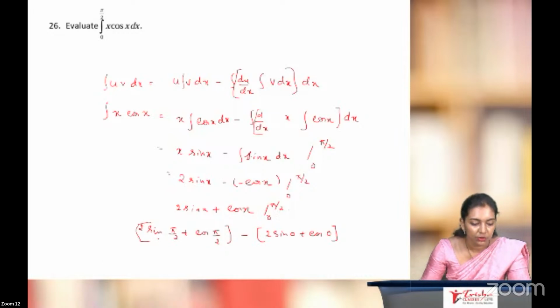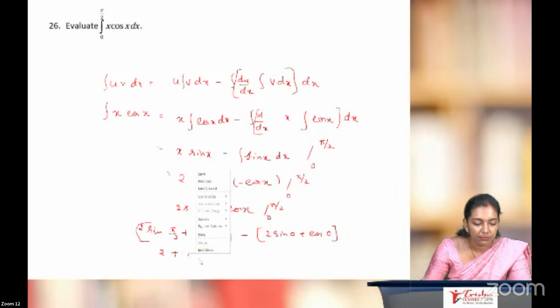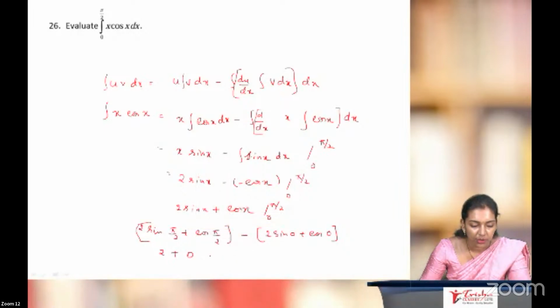Okay, so sin 90 is 1, plus cos 90 is 0, minus sin 0 is 0, plus cos 0 is 1.